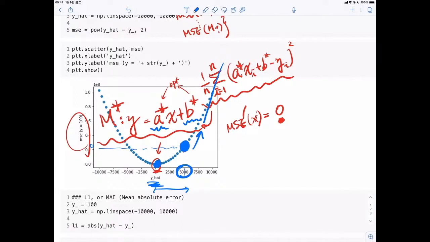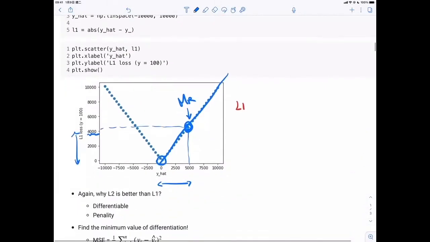The slope is smaller when you are close to the best model. However, when you use L1 to find your best model, no matter where you are, you always use the same pace to approach the best model, which is not as efficient as using L2. So use L2 to find our best model.